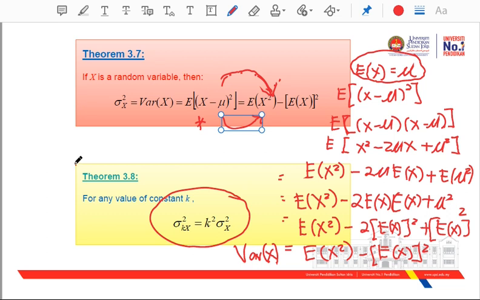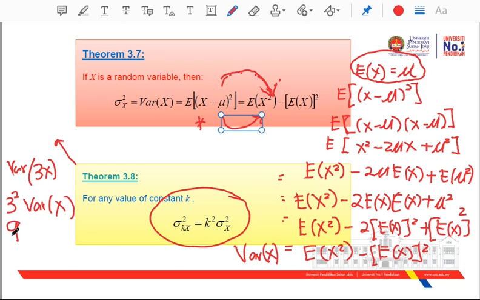Okay, for this theorem, when you have variance of 3X, you remember here, this is a constant. When you put it outside, it becomes 3 squared variance of X. Keep in mind, for expected value, if you put the constant outside, it doesn't change, which means it's 3E(X), remember? But if it is a variance, whatever constant you put outside of this bracket becomes squared.